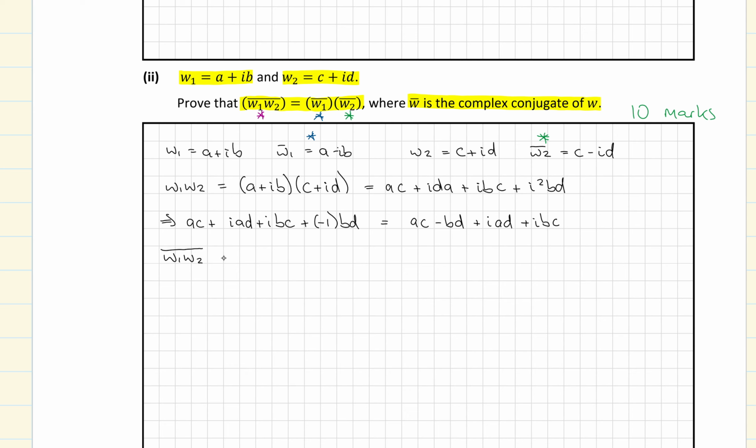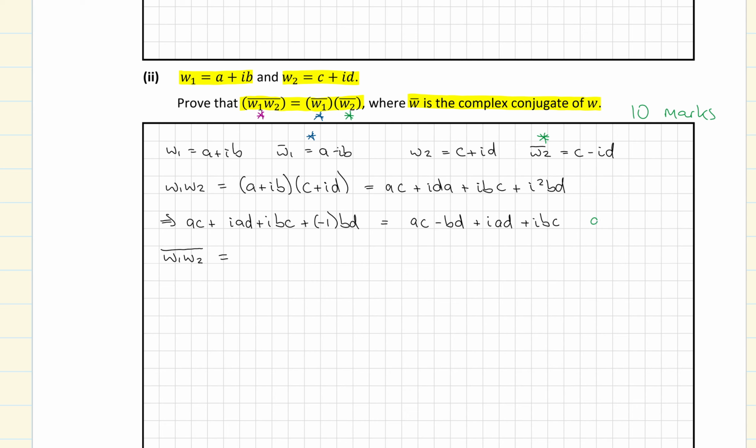Okay, so we found W1 multiplied by W2, and the second step for us now is, I suppose it's probably a bit easier to maybe rewrite it. The second part we can factorize if you want.